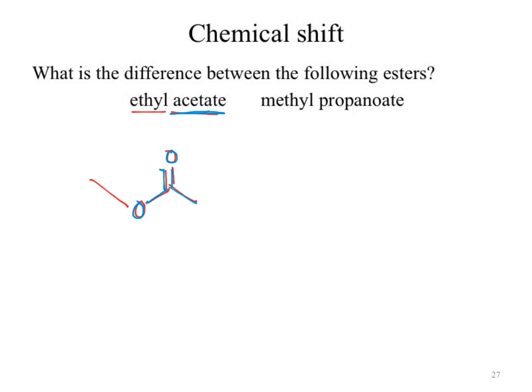Anybody notice a problem? What was the typo that I made? I lost a carbon on my ethyl group. There's my other carbon. What we now have is ethyl acetate. So the acetate is referring to the structure that holds the oxygens. The ethyl is a substituent on it.